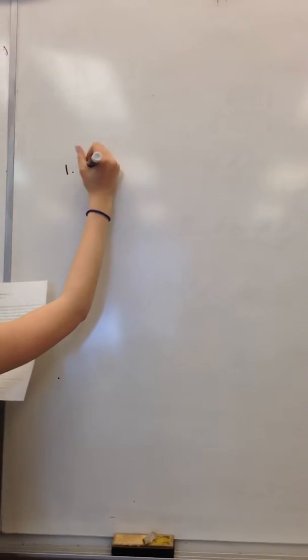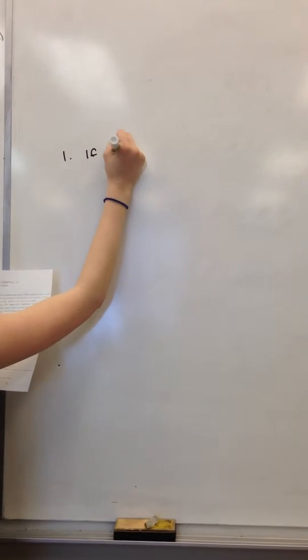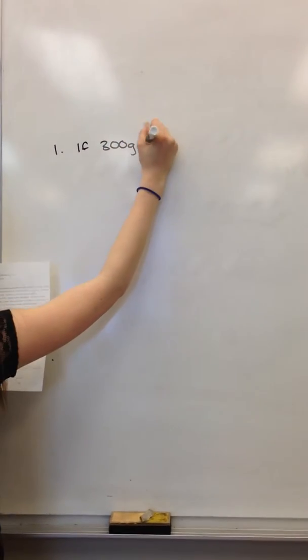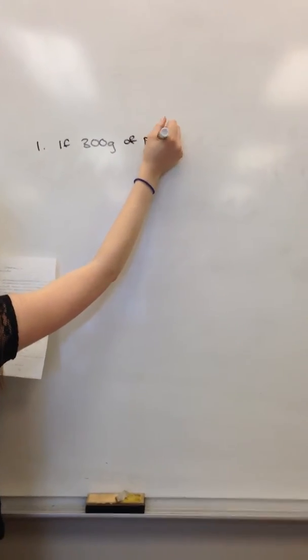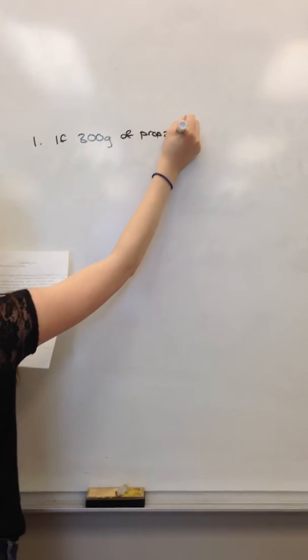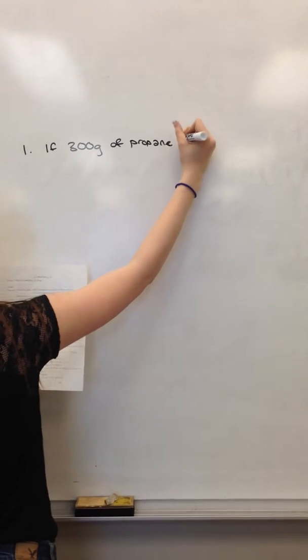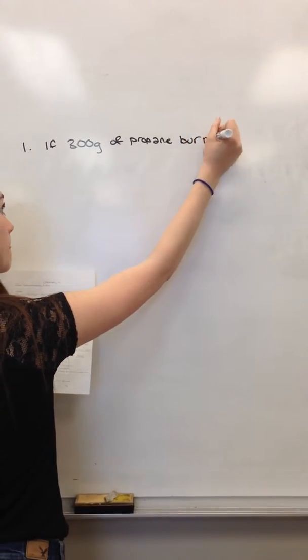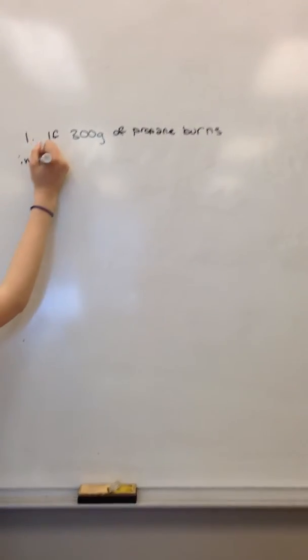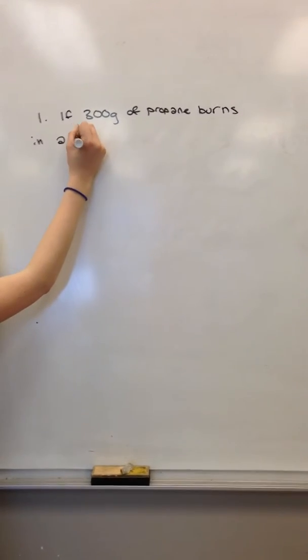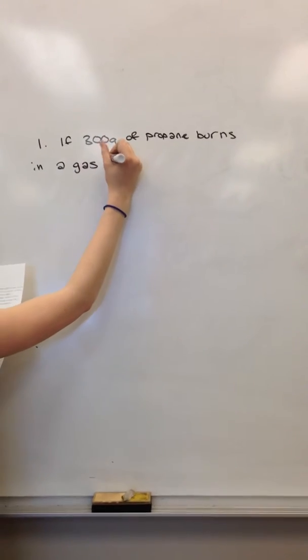So it's really important also, in every stoichiometry question, the first thing that you're going to do is write out a chemical equation. So number 1, we have 300 grams of propane burns in a gas barbecue.